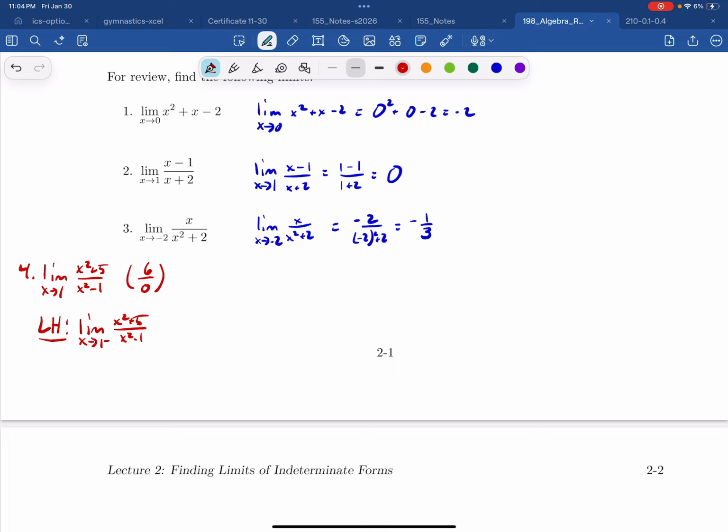Well, again, we know we're going to get 6 in the numerator. That's not the concern. The concern is what's happening in the denominator. And what we're trying to do is see whether the denominator is less than 0 or greater than 0. Because remember, x never reaches 1. So if x is approaching 1 from the left, then we know that x is less than 1.